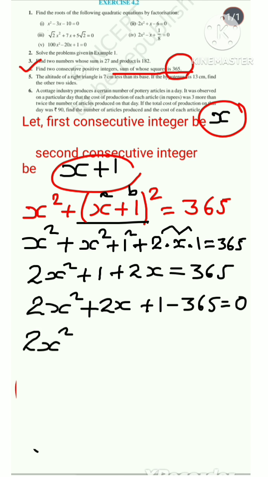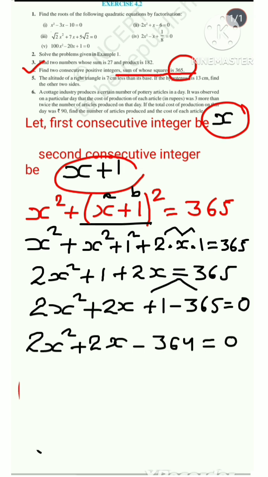2x square plus 2x, okay, after subtracting we obtain here minus 364 equal to 0. Now to simplify this equation we can take out 2 as a common.